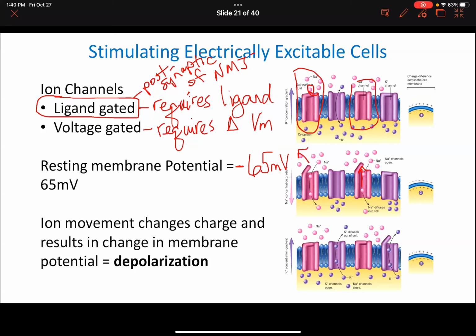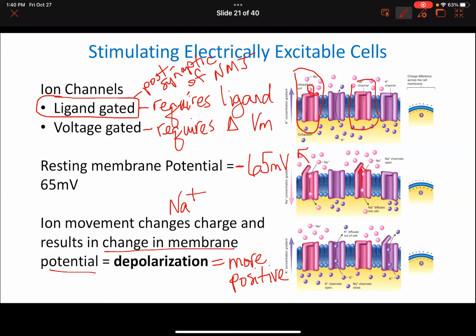What is meant then by this depolarization is ions are coming in, and specifically sodium will come in in most cases, and that sodium carries what with it? It carries a positive charge. So you get such an influx of sodium that it changes the overall membrane potential to become more positive.